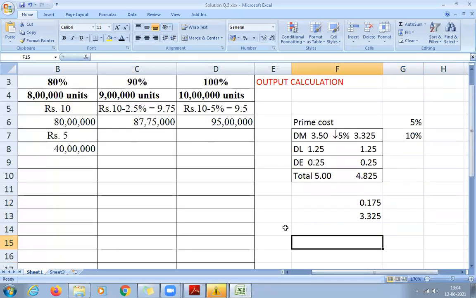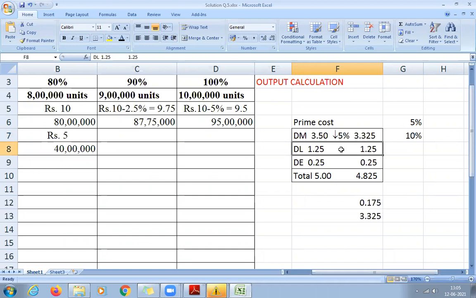Yes, he is saying that if the level reaches 90% and 100%, the direct material cost will reduce by 5%. The 5% of 3.5 rupees is 0.175. I have to minus that from 3.5, so I get 3.325. My new direct material cost will be 3.325, not 3.50, because it is reduced by 5%.